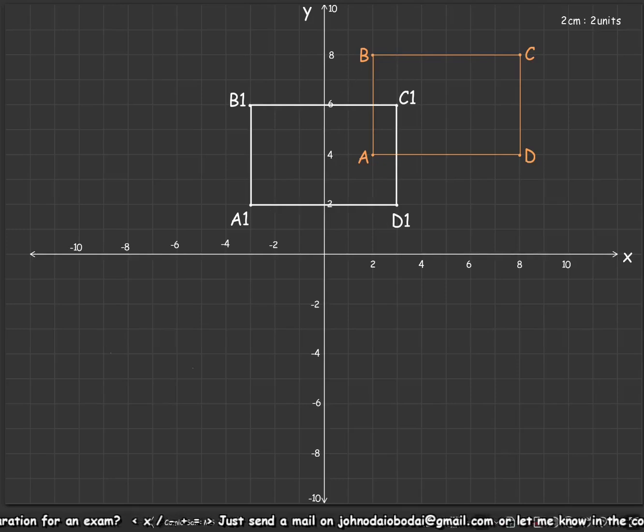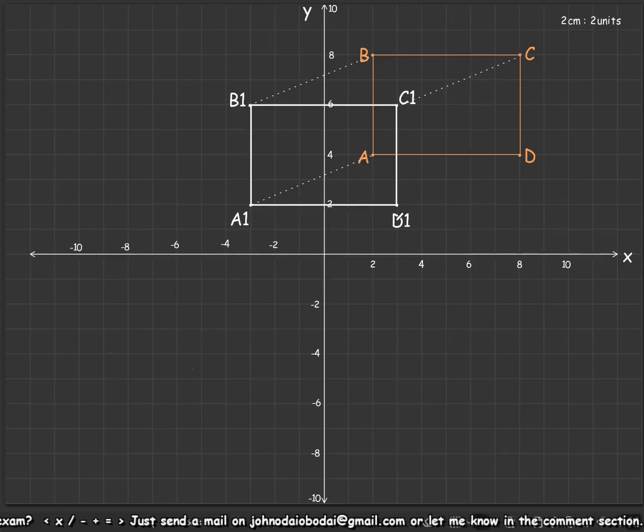So since A is moving towards A1, we do something like this, a straight line. And since B is moving towards B1, we use a straight line to denote that. Same applies here, and here, to show how it has actually moved, right?